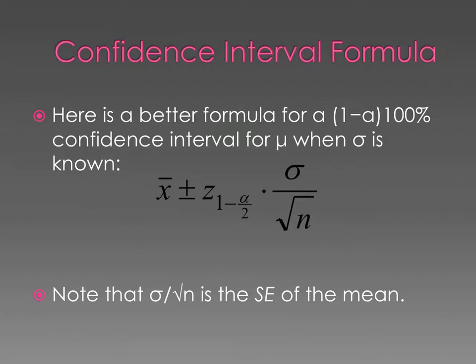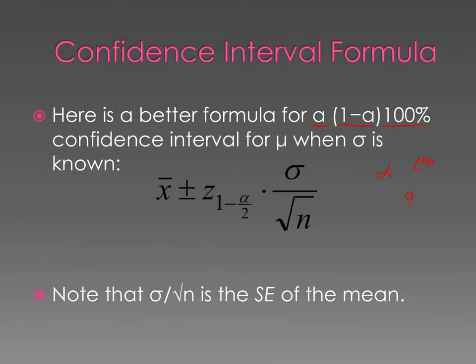So first thing we're going to talk about is the better formula for a 1 minus alpha 100% confidence interval for mu when sigma is known. I want to start by saying that when we have alpha and confidence percents, they share a natural correlation. They share a natural bond together.